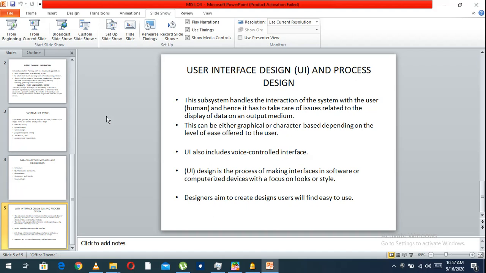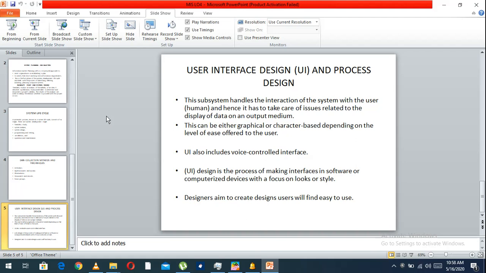The output medium can either be graphical or character based, depending on the level of ease offered to the user. It can also be physical, like on printed papers.